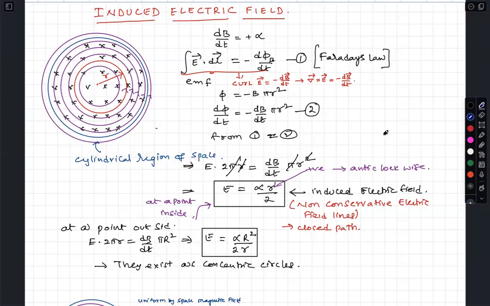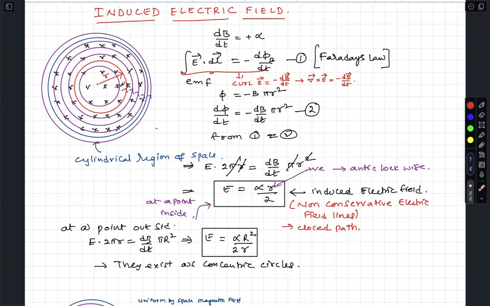Now you take such a situation over here. What you are seeing here is a cylindrical region of space in which you have a uniform inward magnetic field.